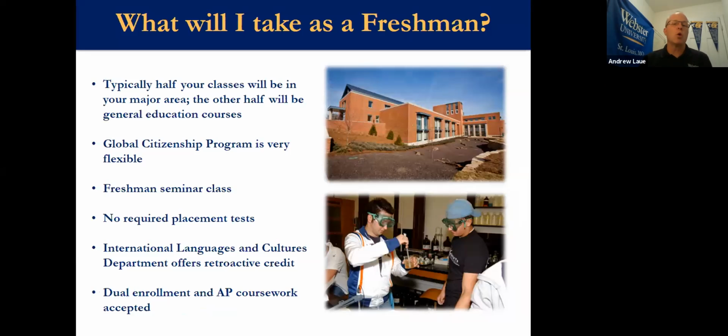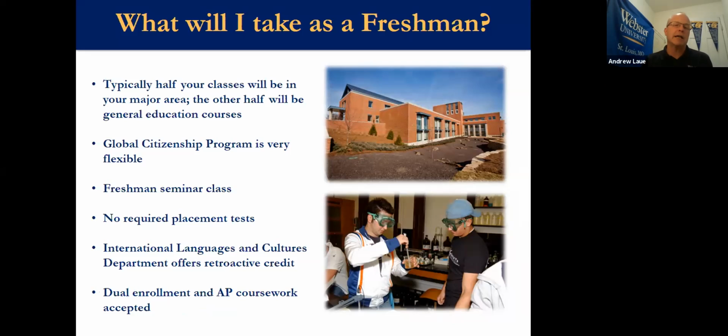So a lot of students want to know, what will I take as a freshman? Because you're in high school and you're wondering, okay, how is college going to be different, and what am I looking at taking? Again, for Webster, typically half your classes will be in your major area, and the other half will be in general education.